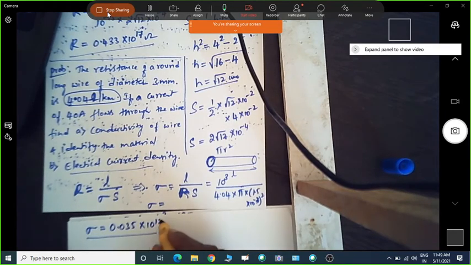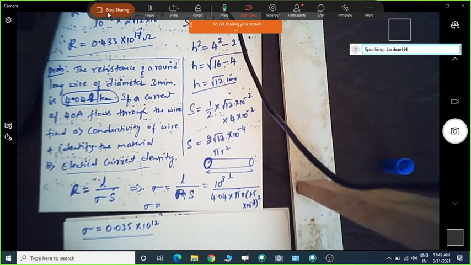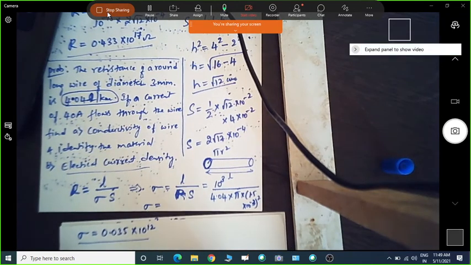Sir, 3 squared is 9. No, here 10 power minus 3 into 2, you should not square it. Minus 3 into 2, 10 power minus 6 will come. It is not a number, it is a 10 power value.